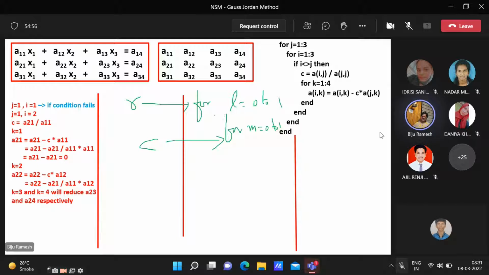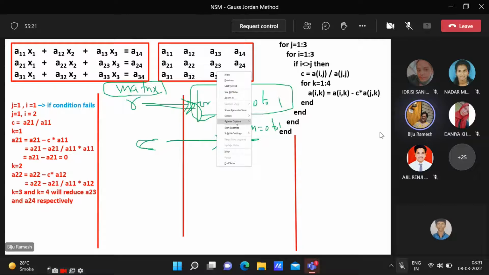If you are working with a matrix, whatever is there in the outer loop represents the row, and whatever is there in the inner loop represents the column. This much you should blindly register in your mind.